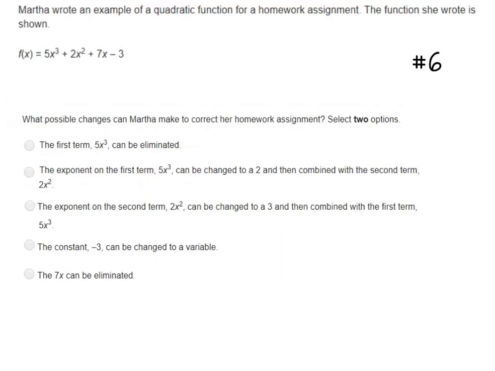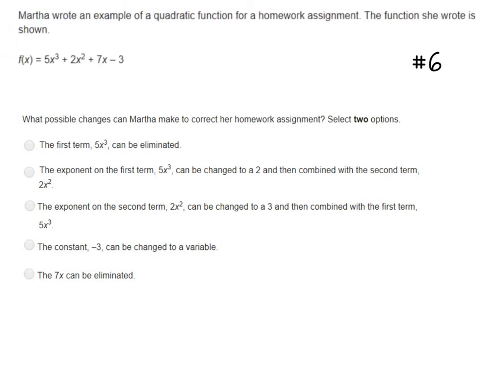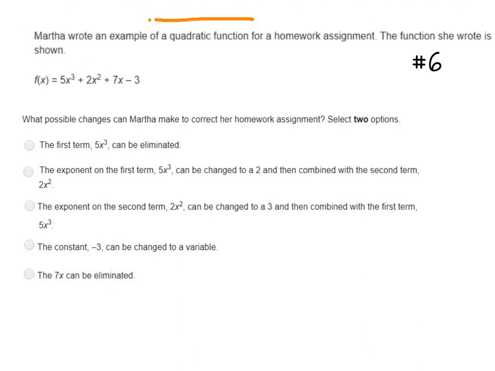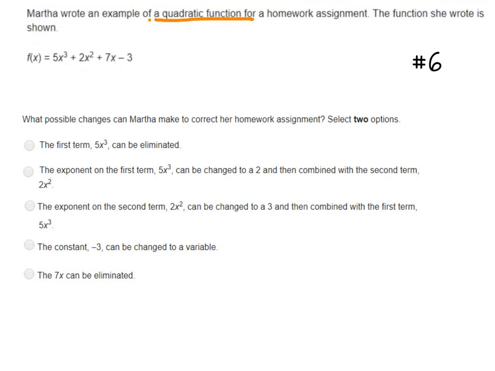Okay, so on number 6, they're asking you what needs to be done to 5x to the third plus 2x squared plus 7x minus 3 in order to make it a quadratic function, because right now it's not a quadratic function. So we know that in order for it to be a quadratic function, the highest exponent has to be an x squared.